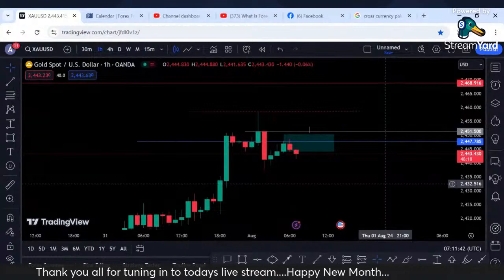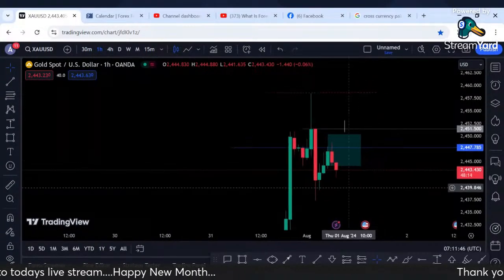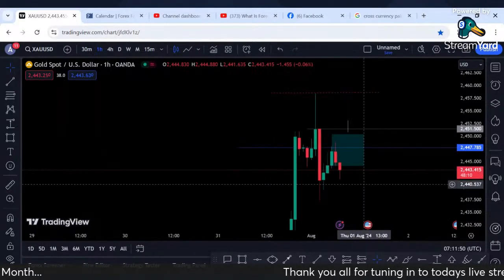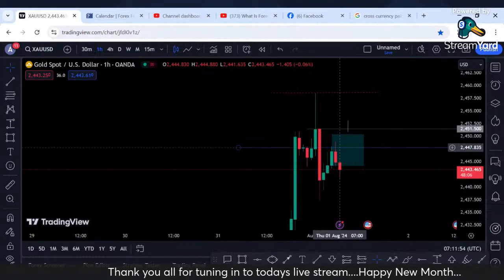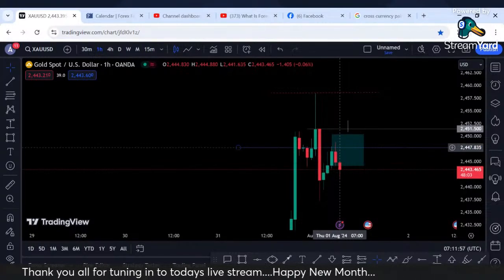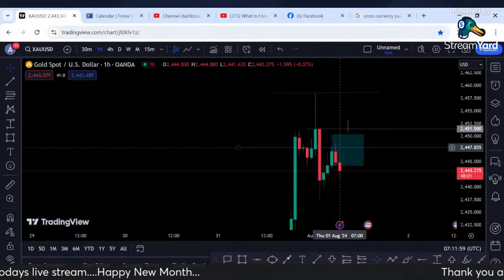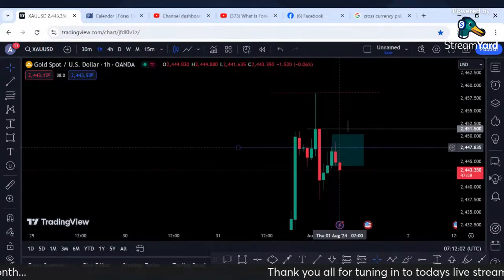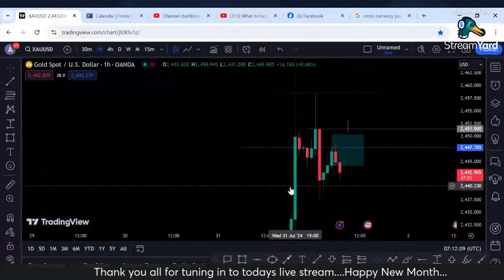But now if I am trying to take an entry on the H1 time frame, H1 is in a bearish trend, so you better wait for a shift, a change in structure. And one thing, I don't recommend the H1 time frame for you to focus on, because there are a lot of fake outs.